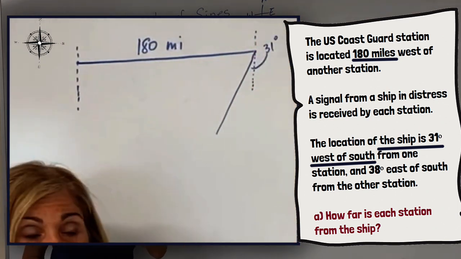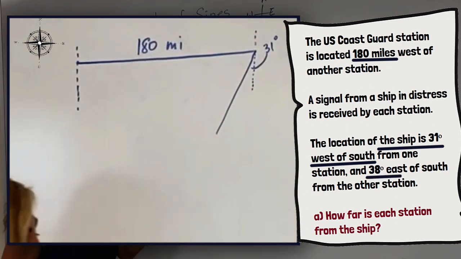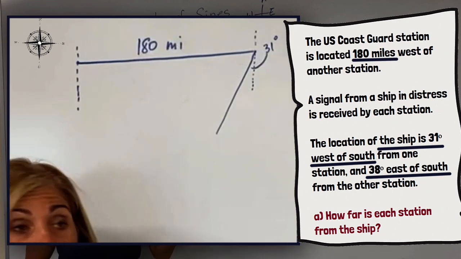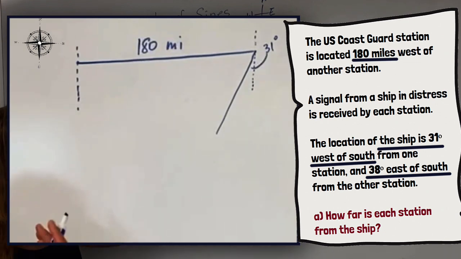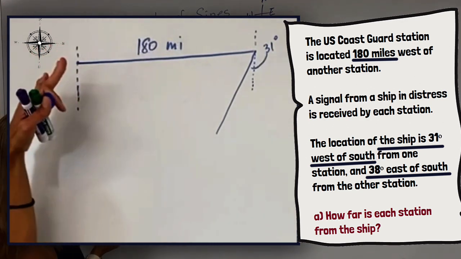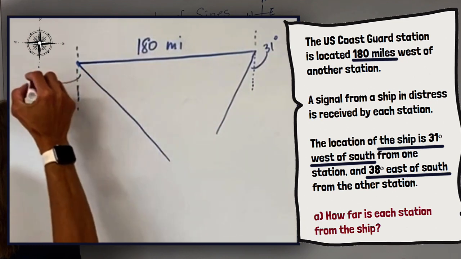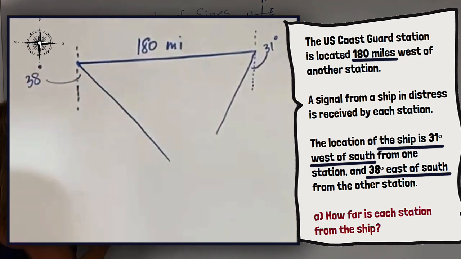Let's see if that adds up with the next piece of information. The signal is 38 degrees east of south from the other station. So again, if this is south, 38 degrees east would pivot it towards the east. So that tells us this measurement is 38 degrees.